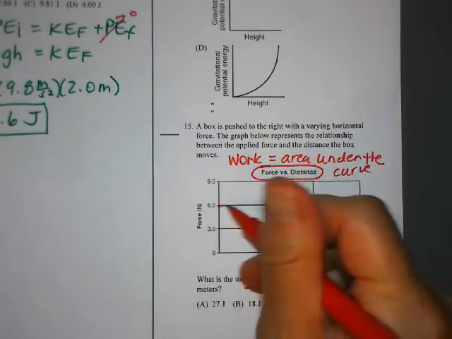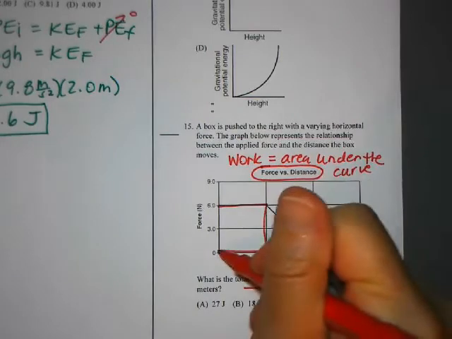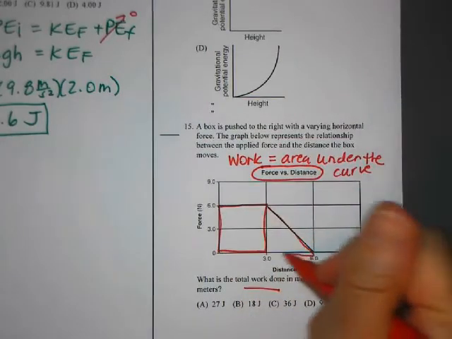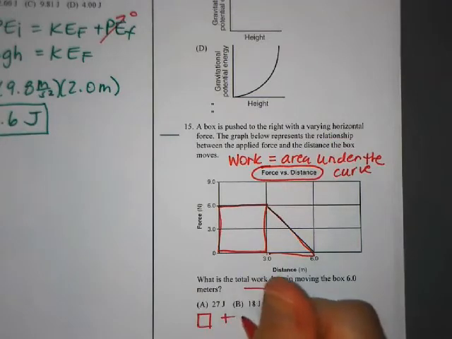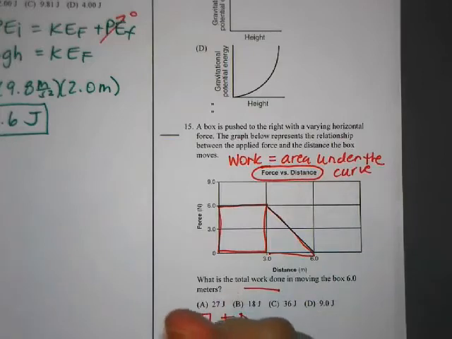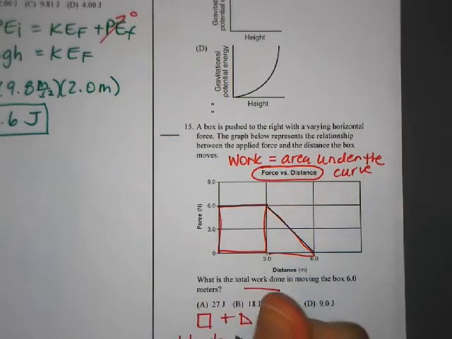The area is going to be this area plus this area. So we have basically a rectangle plus a triangle. The area of the rectangle is base times height, plus the triangle, which is 1/2 base times height.